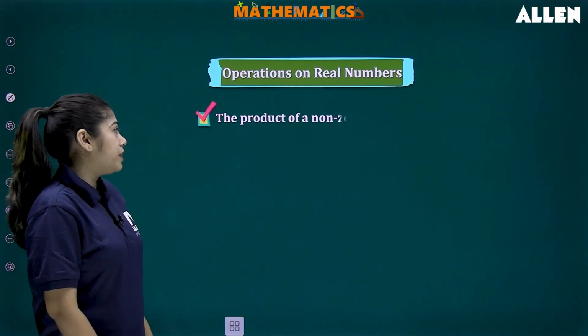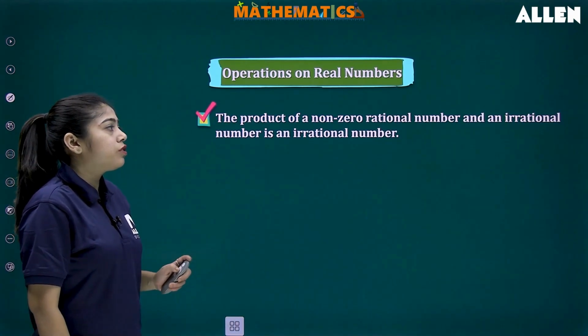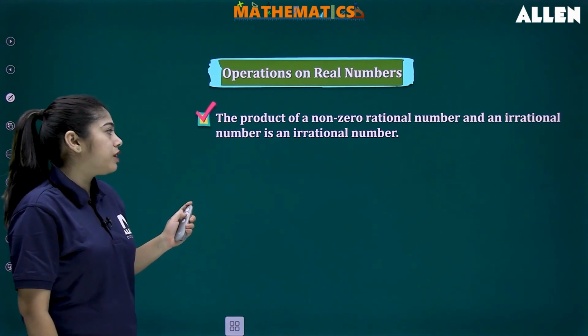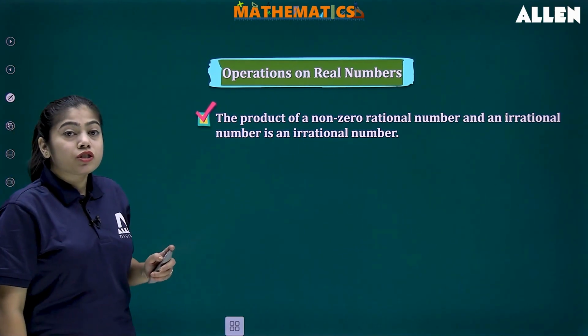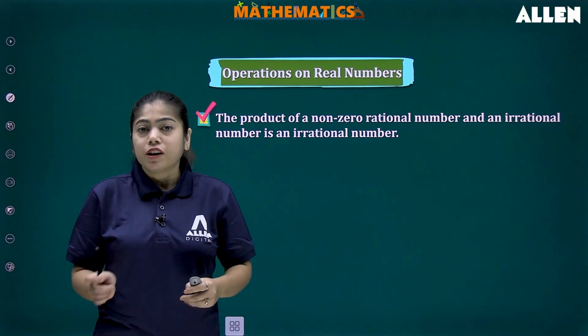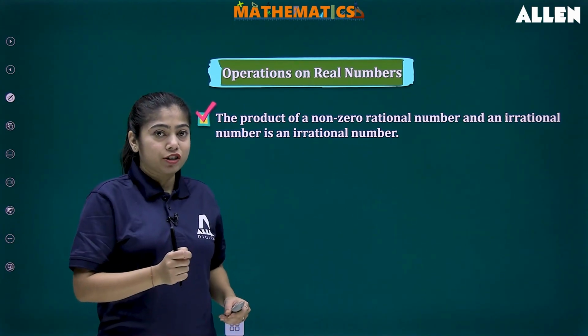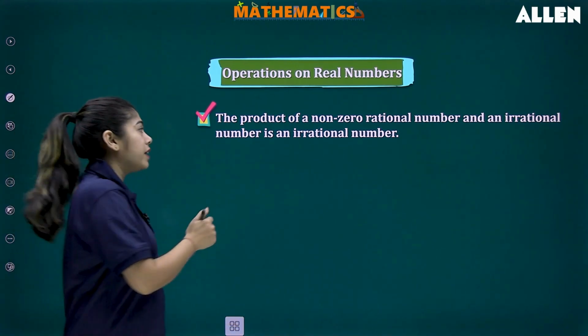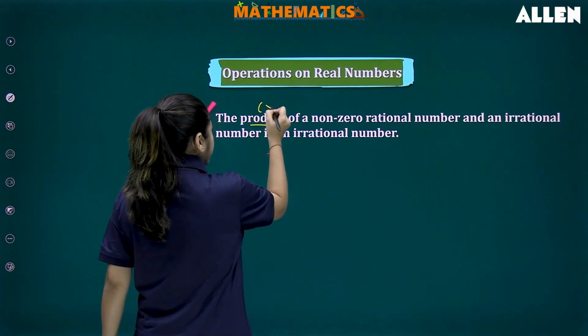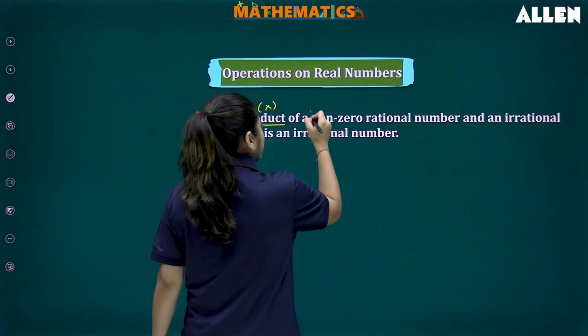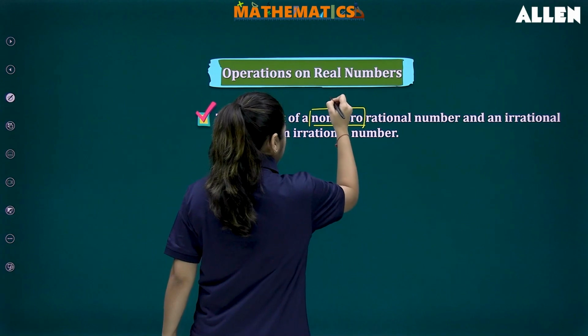The next one over here is: the product of a non-zero rational number and an irrational number is an irrational number. So class, in our previous point, we discussed addition and subtraction, and now here we are taking the product, that means multiplication. But the very important part over here is non-zero rational number.